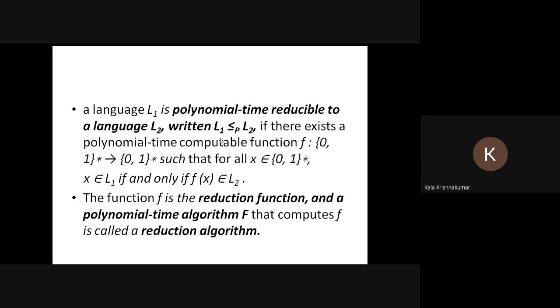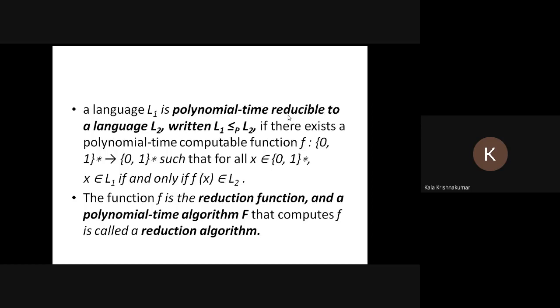So L1 is polynomial time reducible to L2 if there is a polynomial time computable function f, mapping from {0,1}* to {0,1}*, such that for all x element of {0,1}*, x is an element of L1 if and only if f of x is an element of L2.